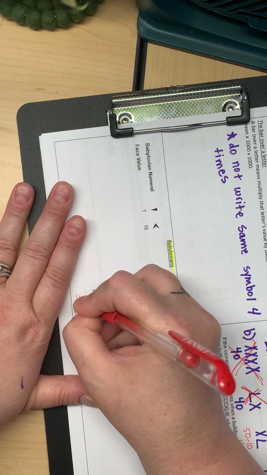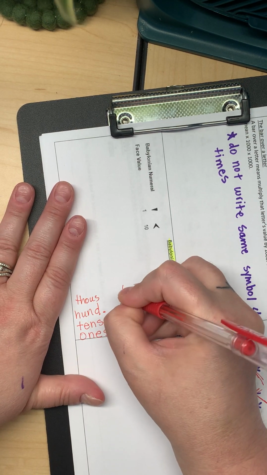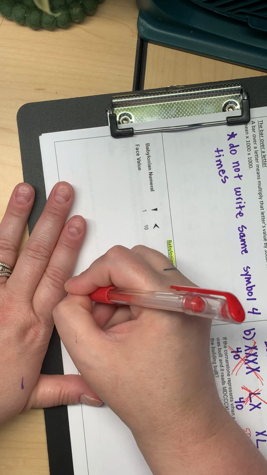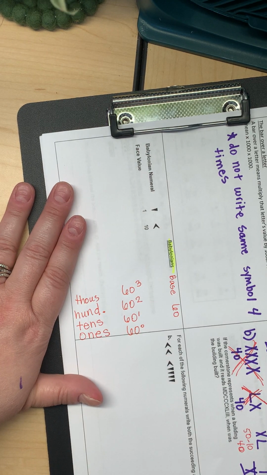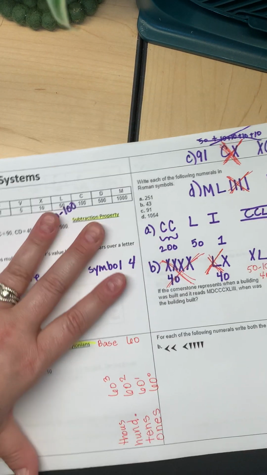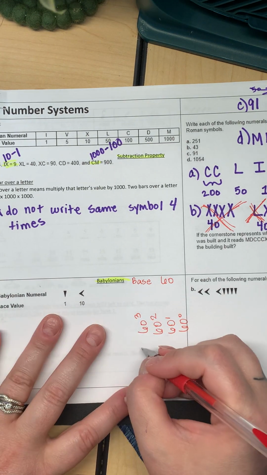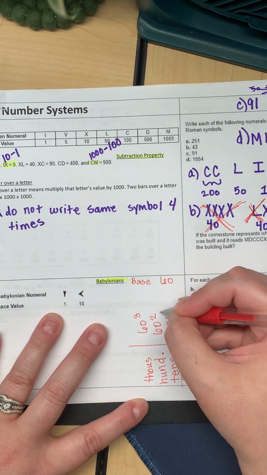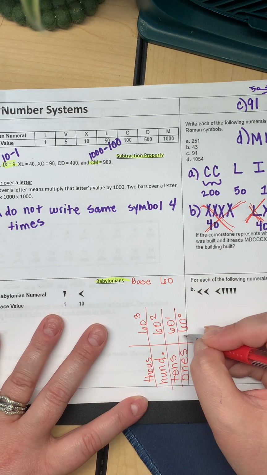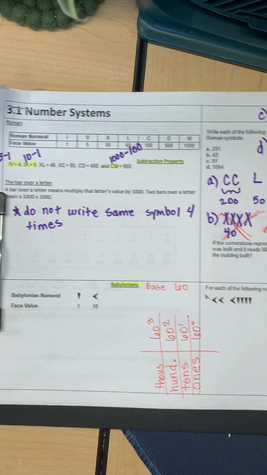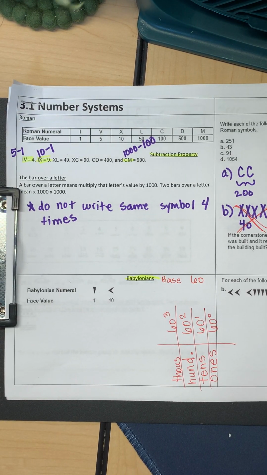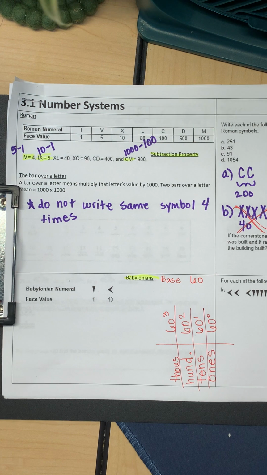The thousands is 60 to the 3. And then I think that's as much as we need to go. Okay, so the point is we're base 60, as in the things we're going to attach are 60s with numbers in the air. Okay, so first let's just do an example.